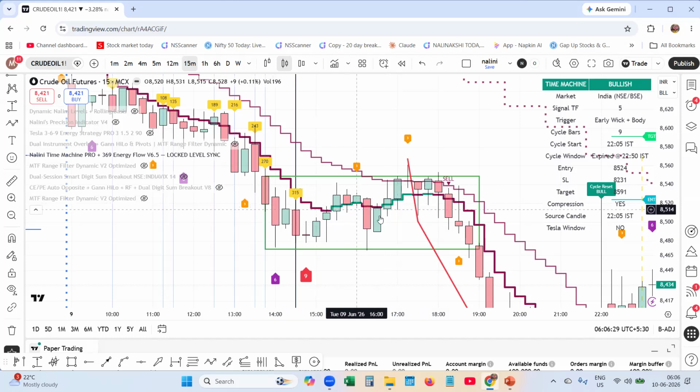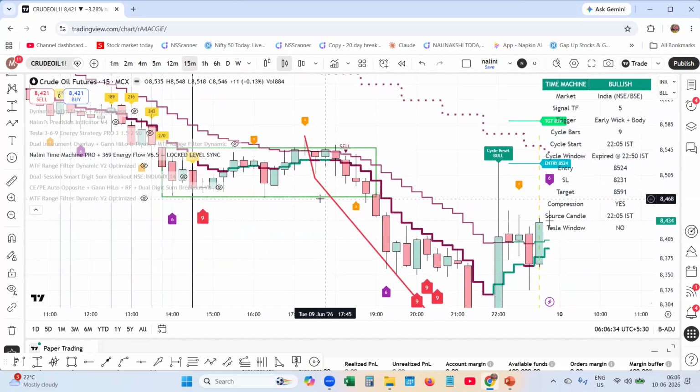The market halted over here, and this was a great opportunity with the range filter to enter. See, here no trade, price closing below, and it automatically plots sell.